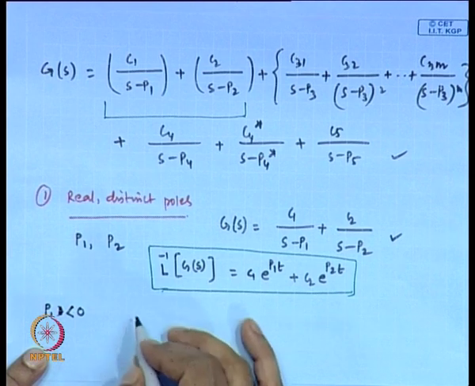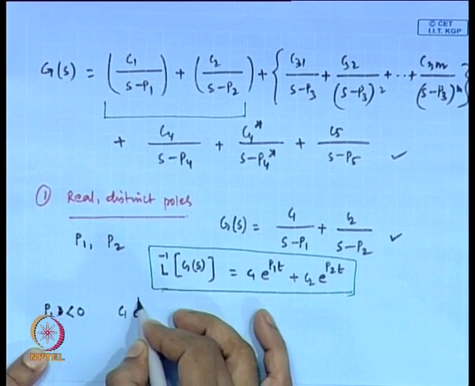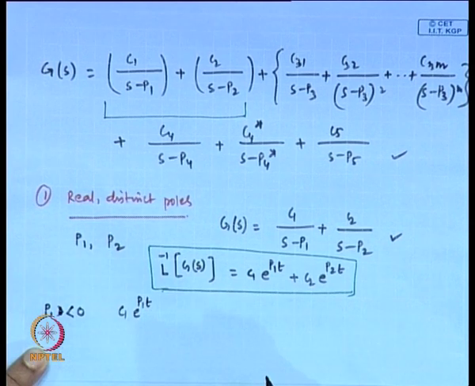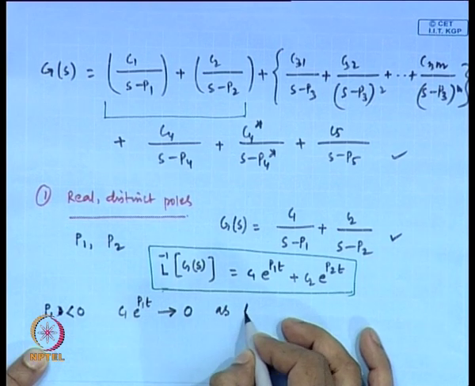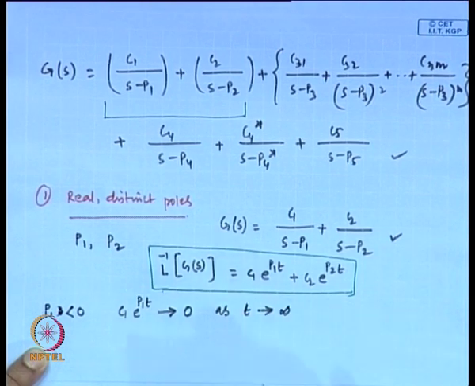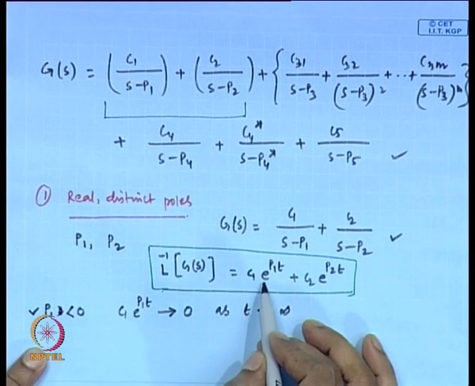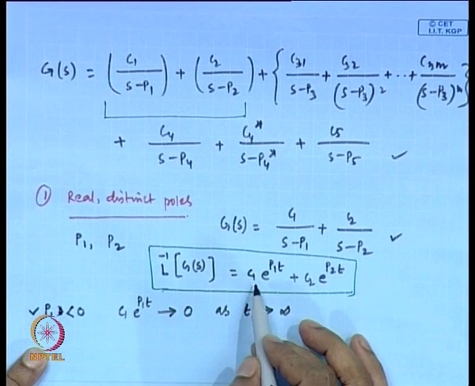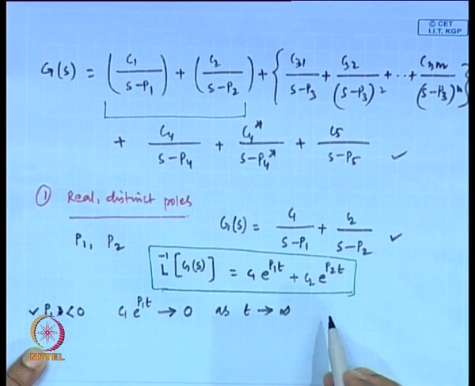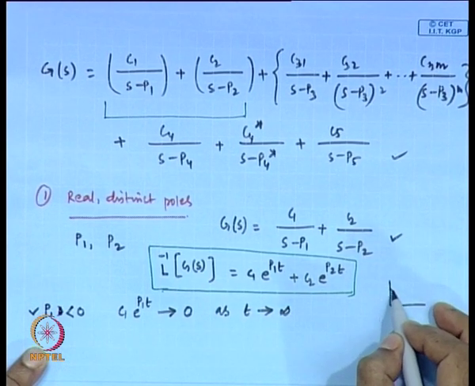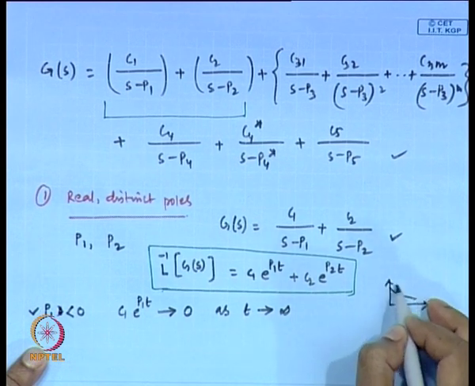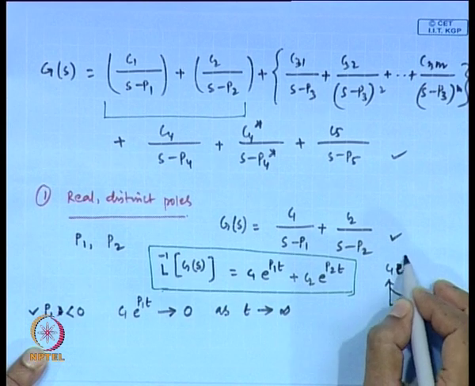If that is the case, then C1 exponential of P1 t tends to 0 as time tends to infinity. Can we write this? We have considered P1 less than 0, so exponential of P1 t multiplied by C1 tends to 0 as time goes to infinity. We can represent this graphically also. It is like this, going to 0, this is t, this is C1 exponential of P1 t.